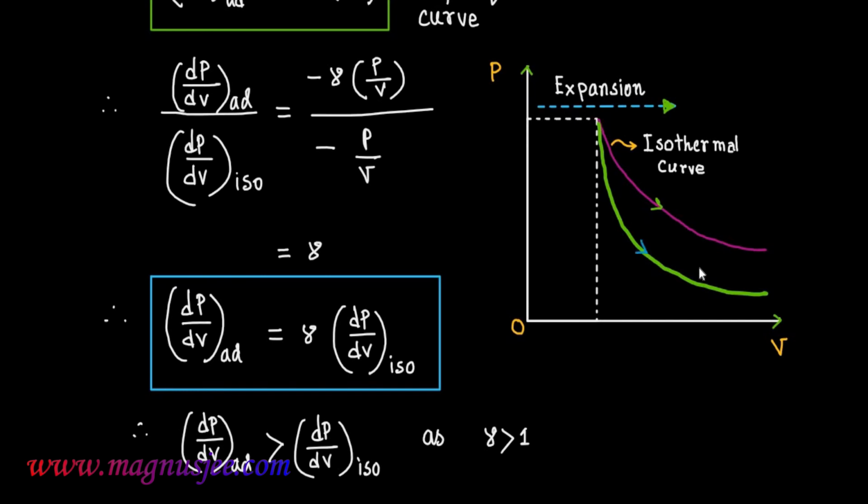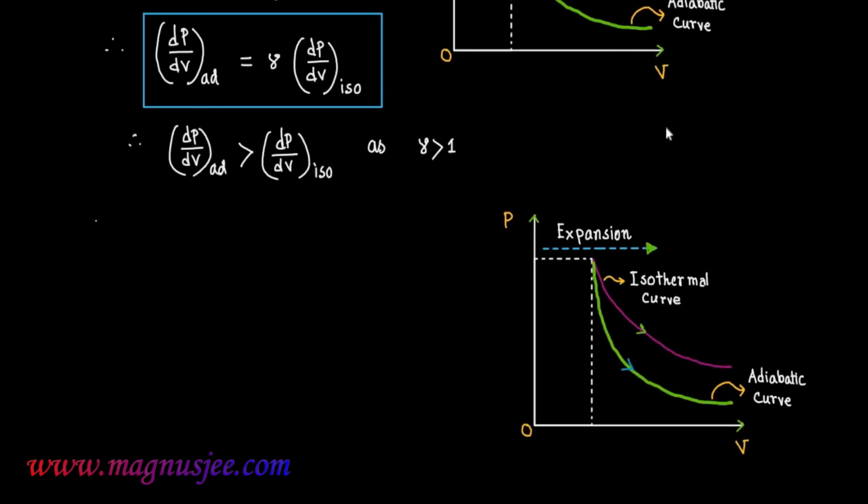This is the adiabatic curve, and if we increase the volume, then pressure will decrease along this direction. This curve is the P versus V graph for an adiabatic change.